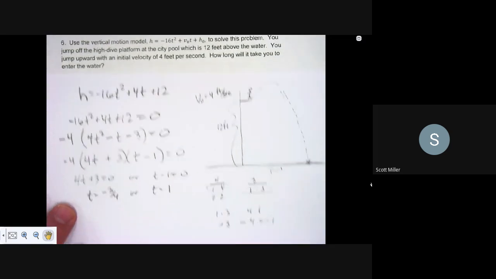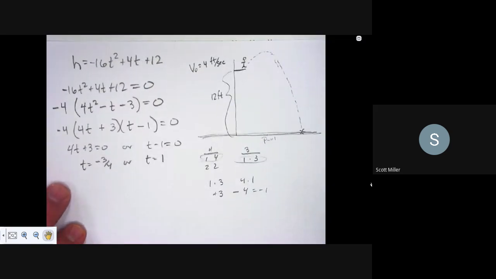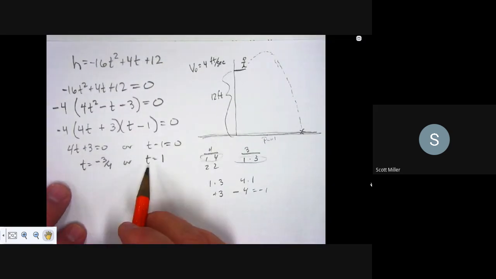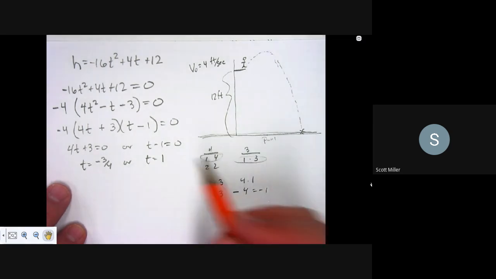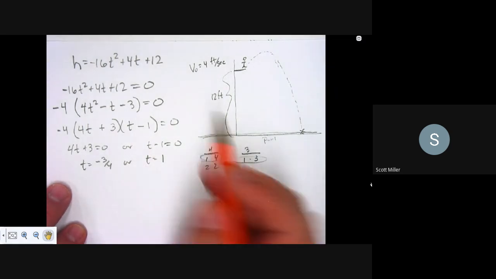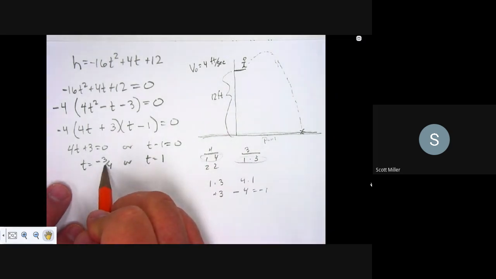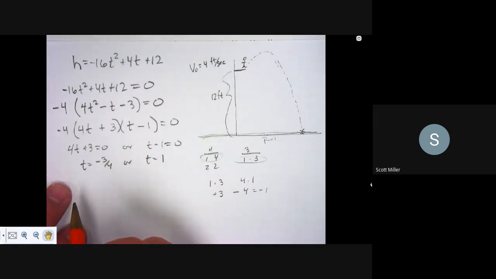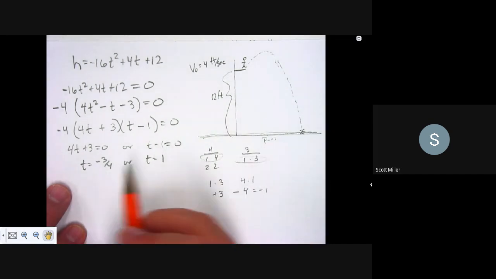So now we have an interesting story here. So what's happening? There's two answers, okay? But which one doesn't make sense? This one does not make sense in the context of this problem, because t represents time in seconds. So the question is, when I jump off the platform, when do I hit the pool?